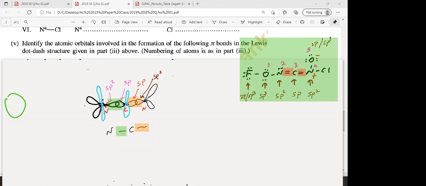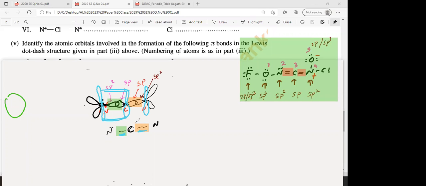So there are two unhybridized orbitals. This also has an unhybridized orbital, right? So it will laterally overlap like this. So that is perpendicular. That is the pi bond here, formed by lateral overlapping of 2p unhybridized orbitals, and this one will be perpendicular to each other in here, right?